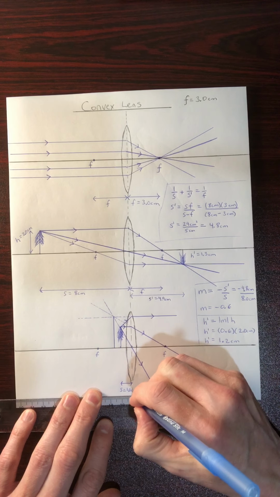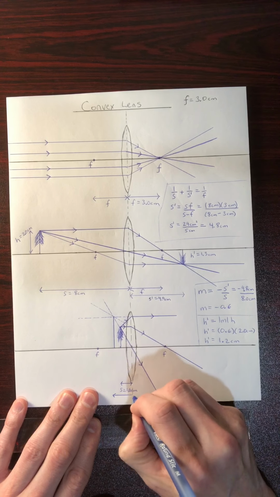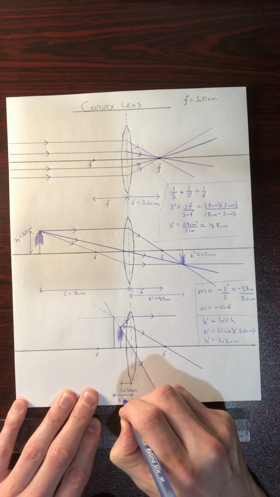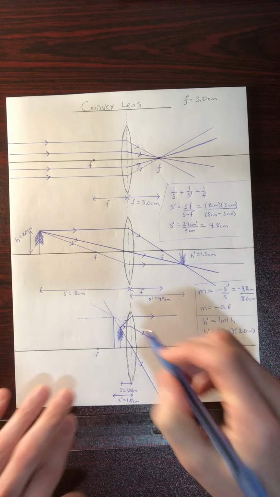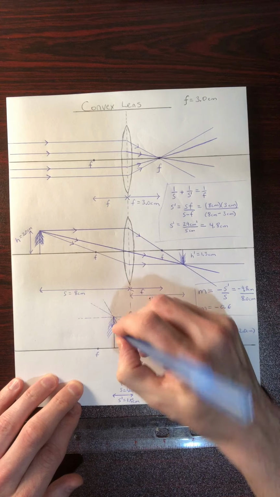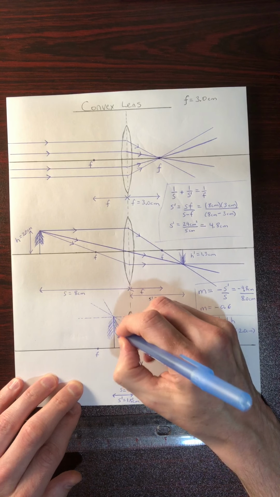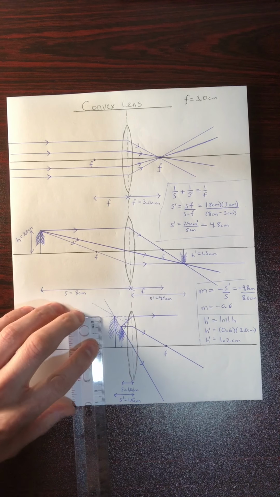So we're going to draw out S primed. S primed is equal to about 1.5 centimeters. And hey, I might as well just make this into an image here, this tree. Okay. And we can also get a sense of, well, how big is it?